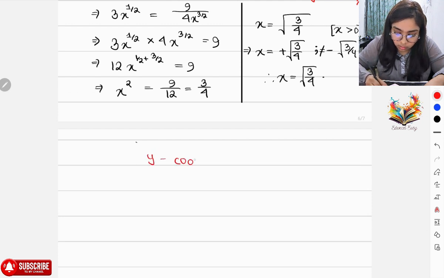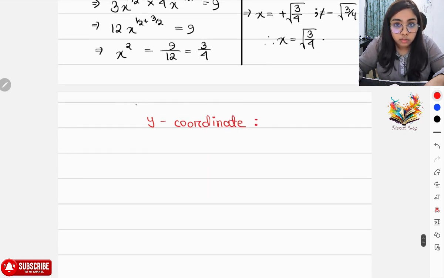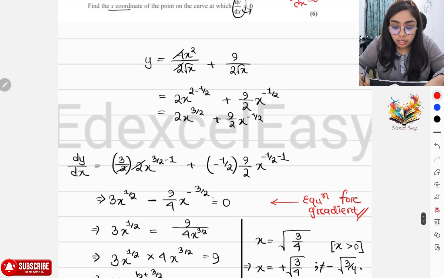In order to find the y coordinate for this point, where the value of your gradient was 0, you just have to input the value of x that you got from the previous part into your original y equation. This was your original y equation. So I will input x equals root of 3 over 4 into this equation, and that will give you the y coordinate for that specific point.